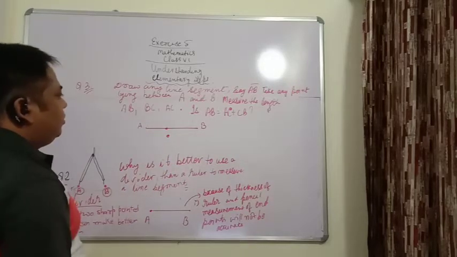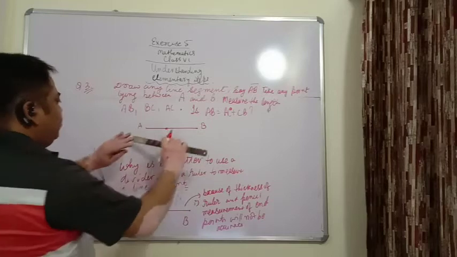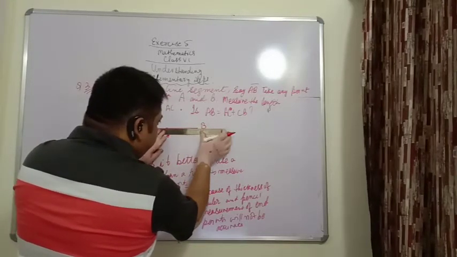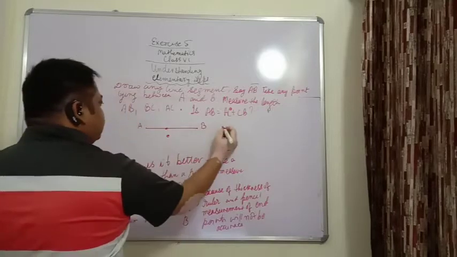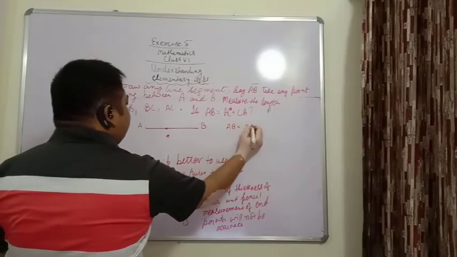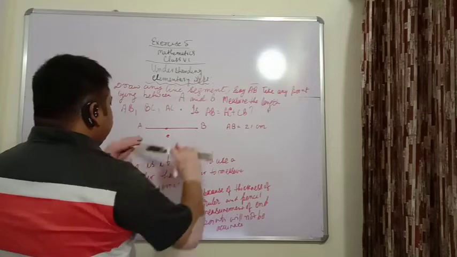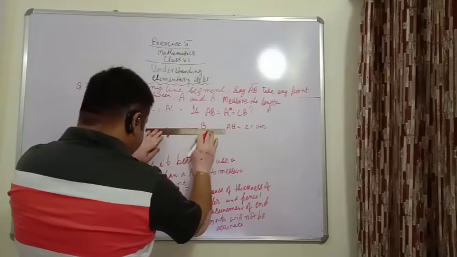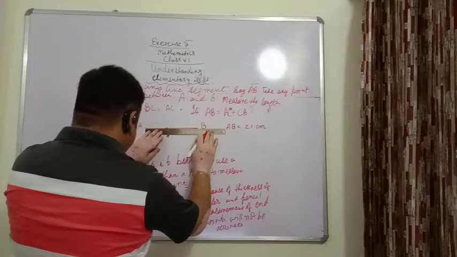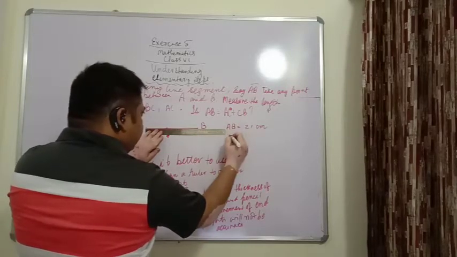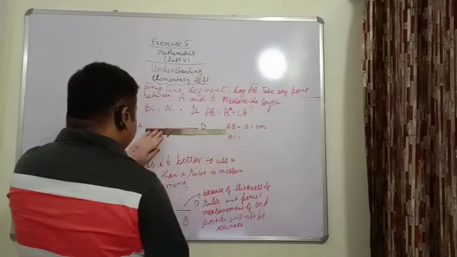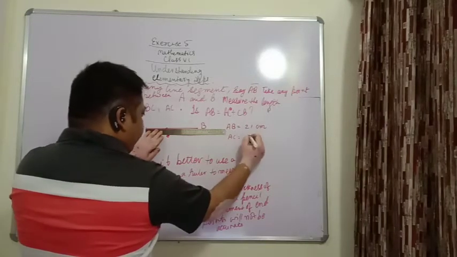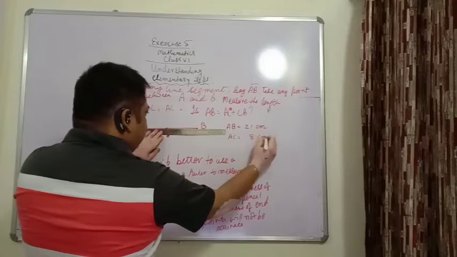Now we will write down the measurements. Now we have to measure. AB is equal to how much? I am getting AB is equal to 21 centimeter. AB equal to 21 centimeter. And I am getting AC equal to 8 centimeter.